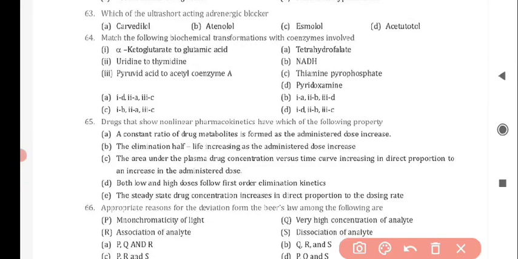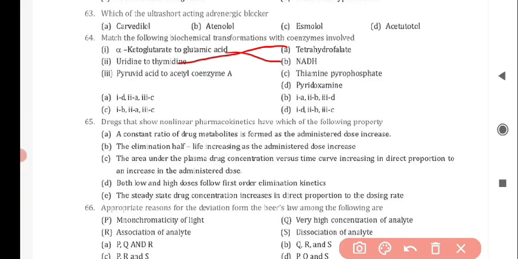Next question is match the following biochemical transformations with coenzymes involved. So for the first option, that is alpha ketoglutarate to glutamic acid, the correct answer is option B, that is NADH. And for uridine to thymidine, it correctly matches with option A, that is tetrahydrofolate.